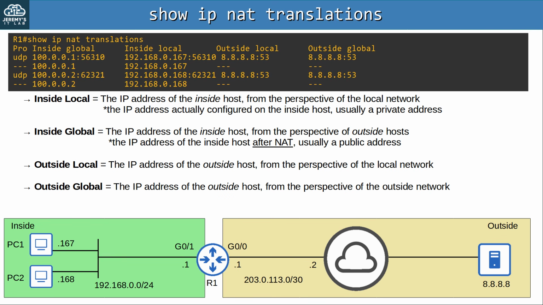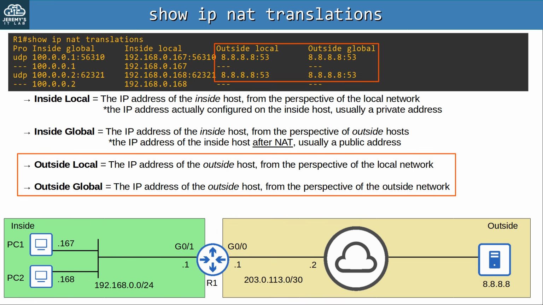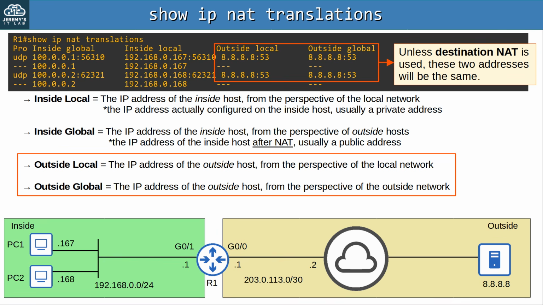And the outside global address is the IP address of the outside host from the perspective of the outside network. In this case, the server's actual IP address is 8.8.8.8. So as you can see, both of these are the same, the outside local address and the outside global address.